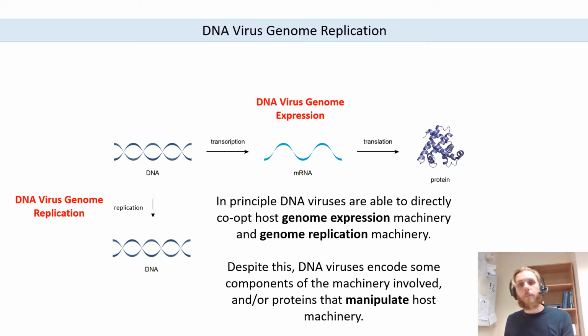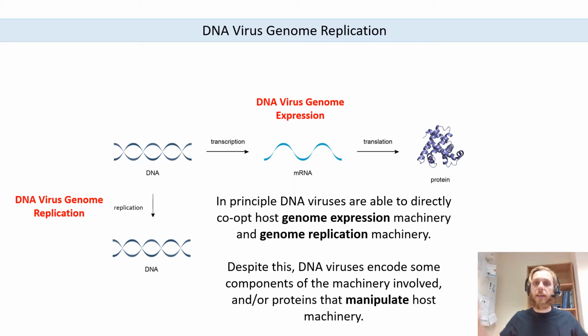However, others, despite theoretically being able to use the host cell enzymes, will actually use their own enzymes. So they will actually encode their own enzymes for various reasons. It would be really simple and really nice if we could say all DNA viruses use all the host genome replication enzymes and machinery because the processes are the same.